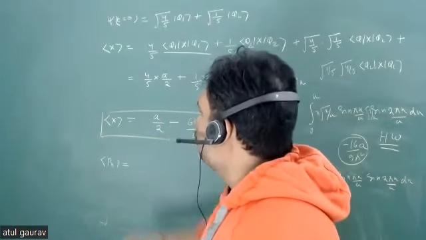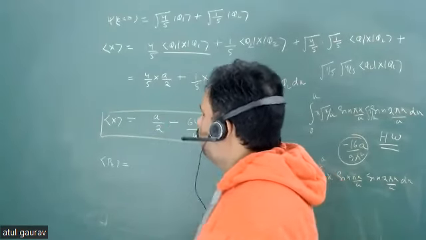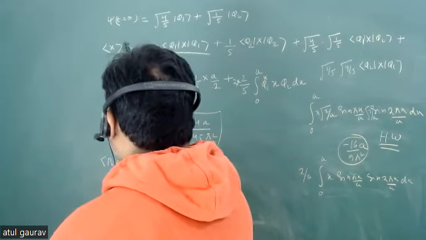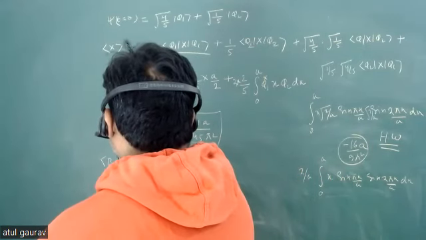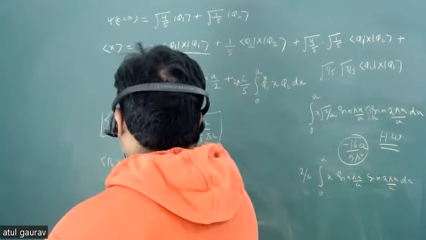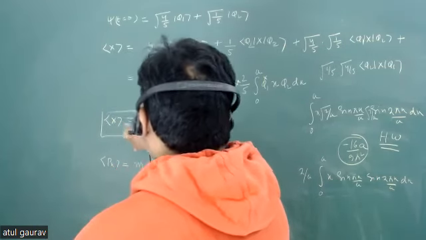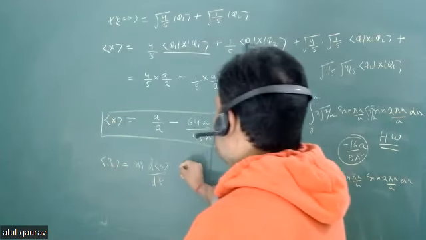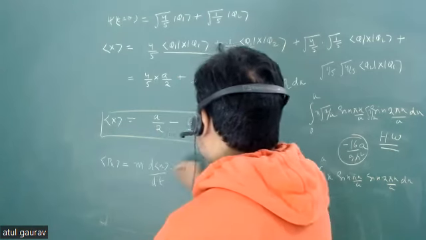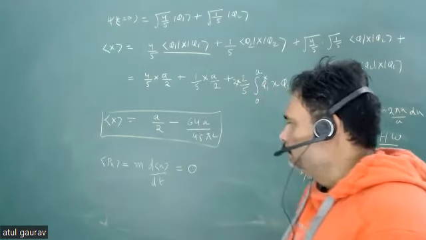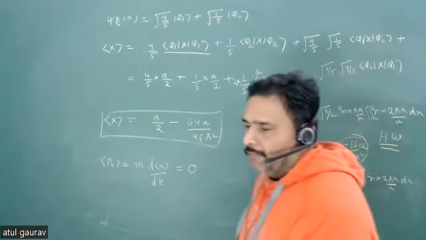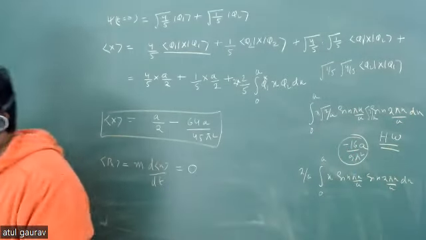If this is your expectation value of x, then what will be momentum? Your momentum will be m dx upon dt. Here x is not a function of time. So what will be your expectation value of momentum? That will be what? 0. The expectation value of momentum in this case is 0.